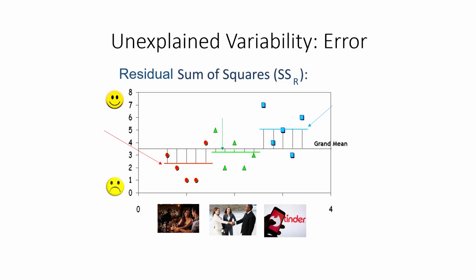To calculate the unexplained variability, we now estimate the differences between each group mean and each score from every couple within the group. We square those differences and add them up. This is basically the error in the model that is unexplained by the group factor.